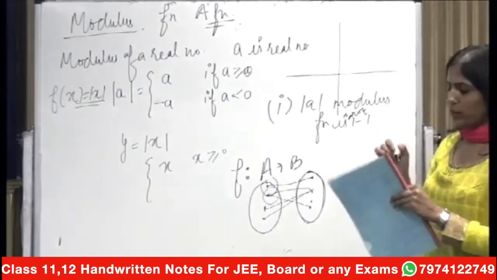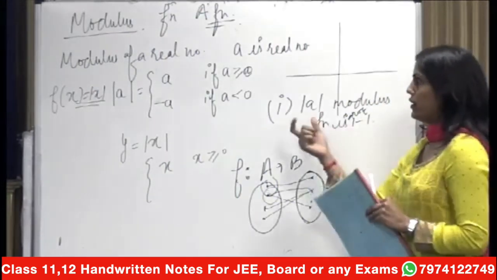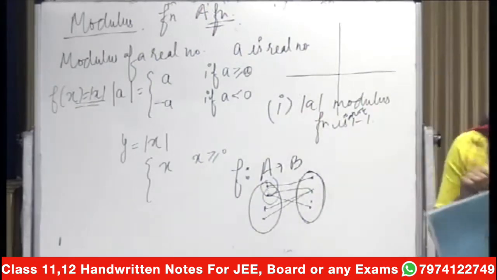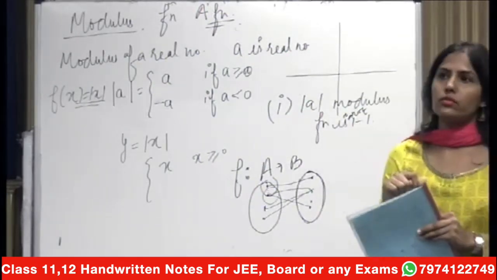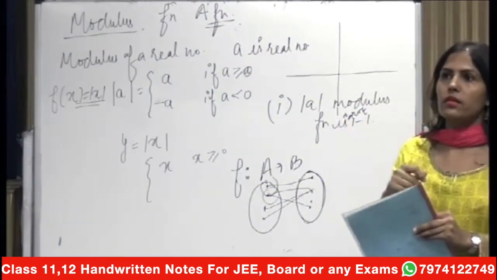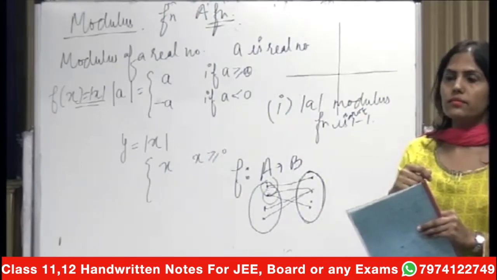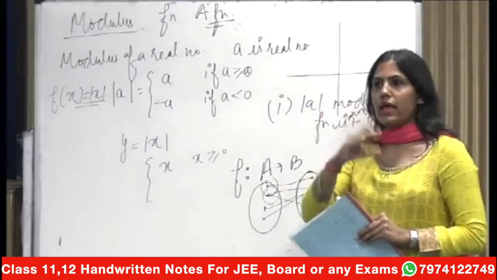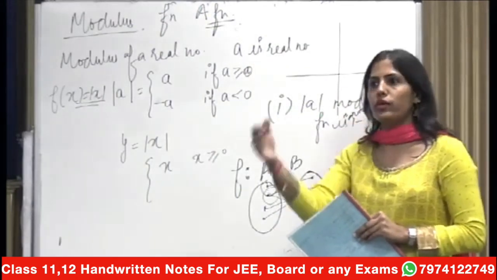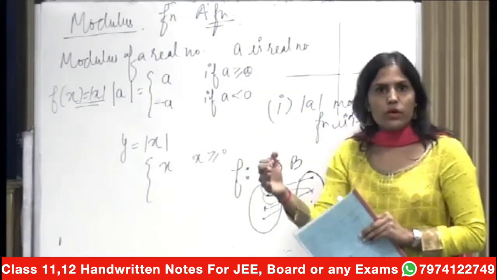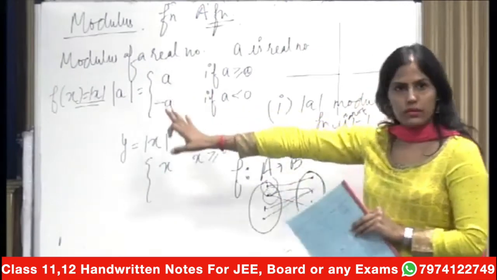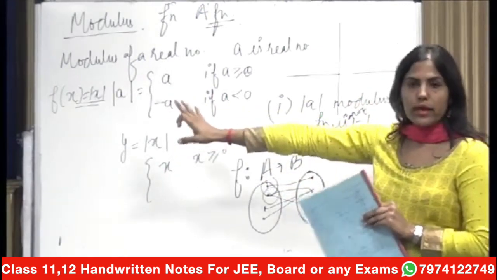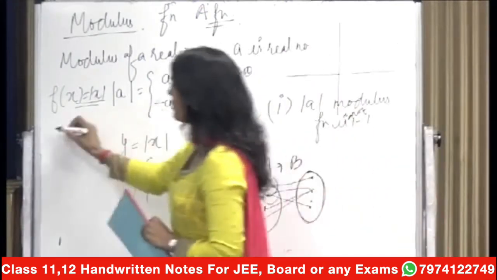What about onto? I don't want to check onto-ness. Now the thing is, when can you find the inverse of any function? This is the modulus function. Modulus means that it maps any element to its positive value. Now this function is not 1-1.